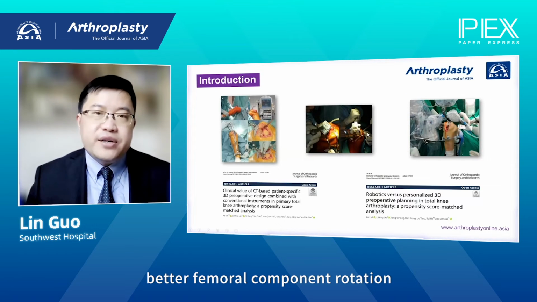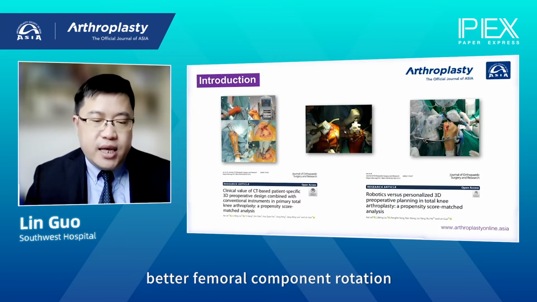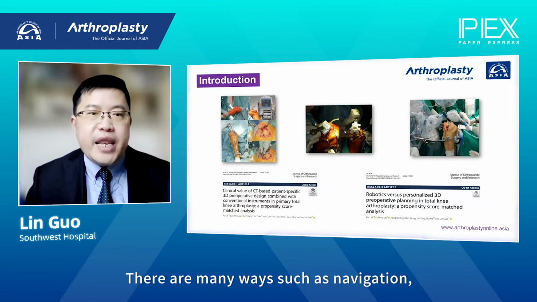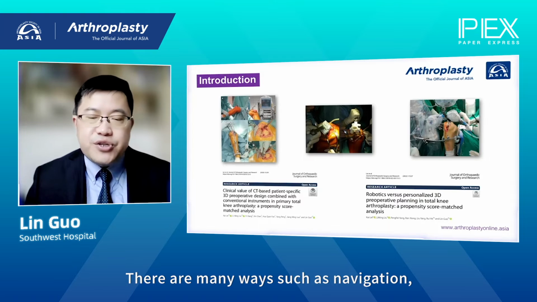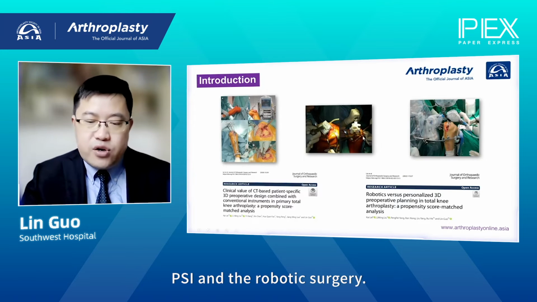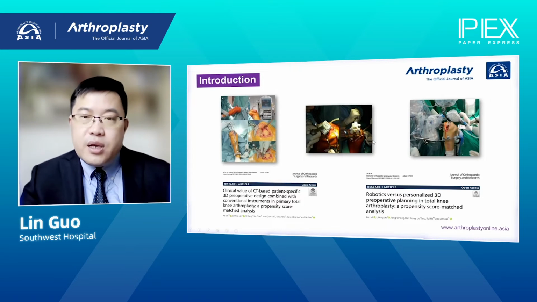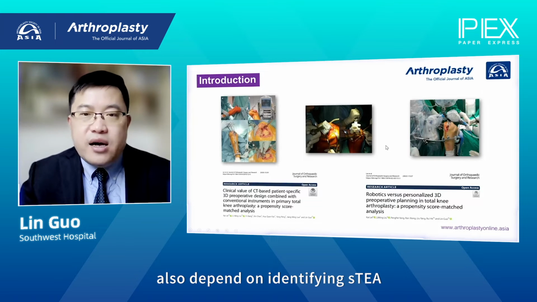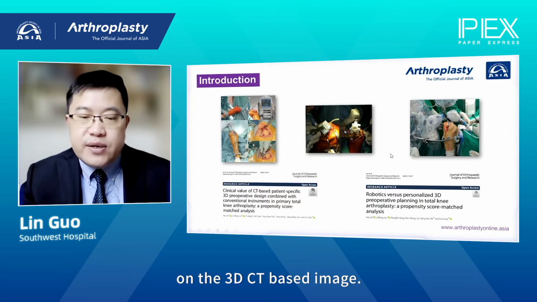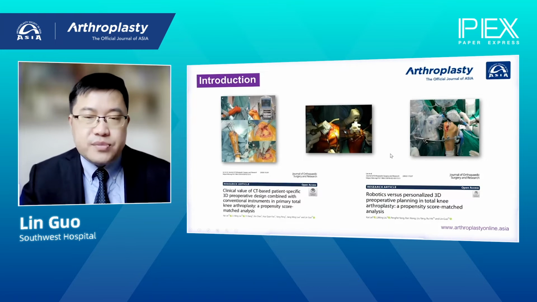In order to achieve better femoral component rotation and flexion gap, there are many ways, such as navigation, PSI, and robotic surgery. But all of these methods also depend on identifying the STEA on the 3D CT-based image.